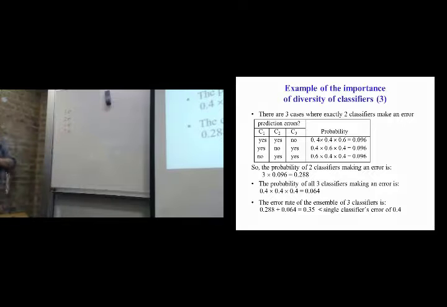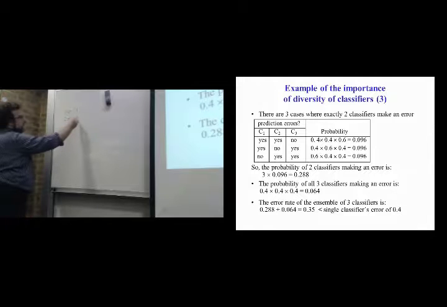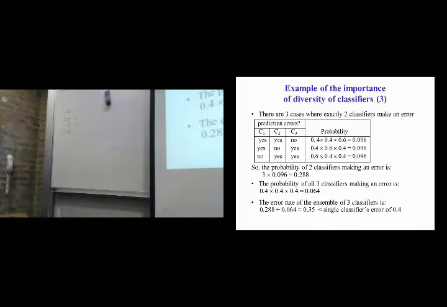And essentially there's one way of doing each of these, yeah? You can either get them all wrong or all right, but then for the ones in between, there are three ways of doing this, yeah? So there are three ways of making two errors and three ways of making one error.